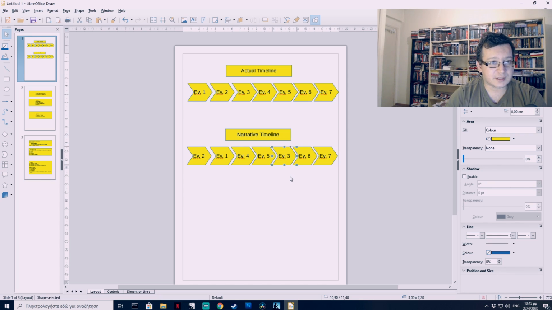And this is not some weird way to write a story. It's actually utilized very often. And there is a reason for that. So why do events appear in an order different from the order they happened? Well, there are a lot of reasons.